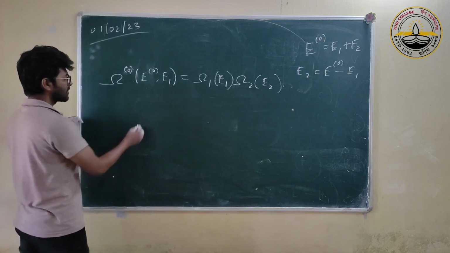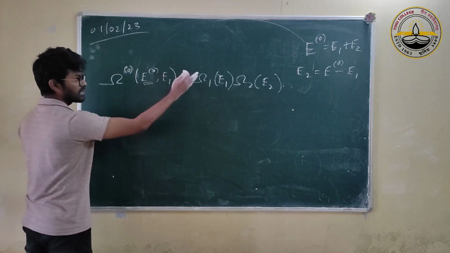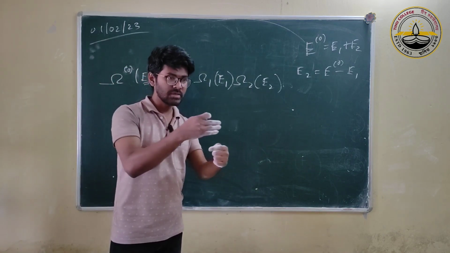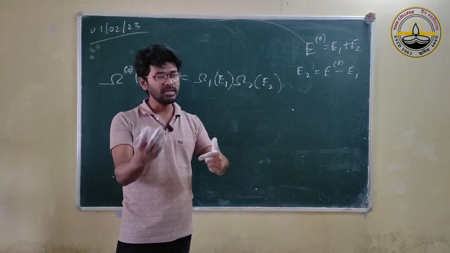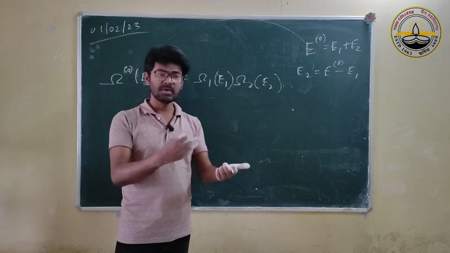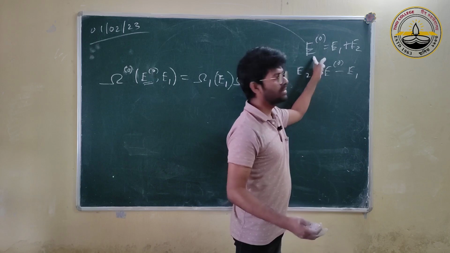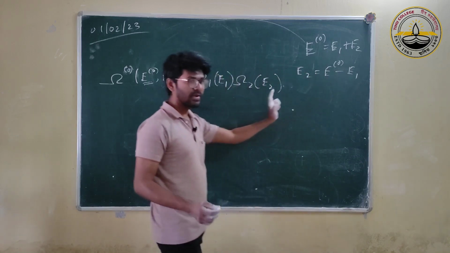And what is that? E0 is a constant. So E1 is a variable that's changing. We can take either E2 or E1 as our variable because it's the same thing. They are connected by this. So let's take E1 as our variable.